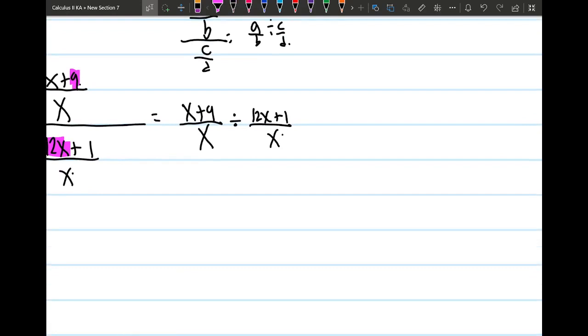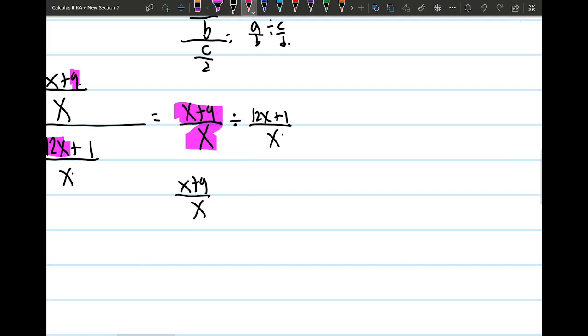And now the last thing we're going to do for this first part of the problem is use the keep it, change it, flip it rule. Basically, you keep this part, so we're going to keep the x plus 9 over x.